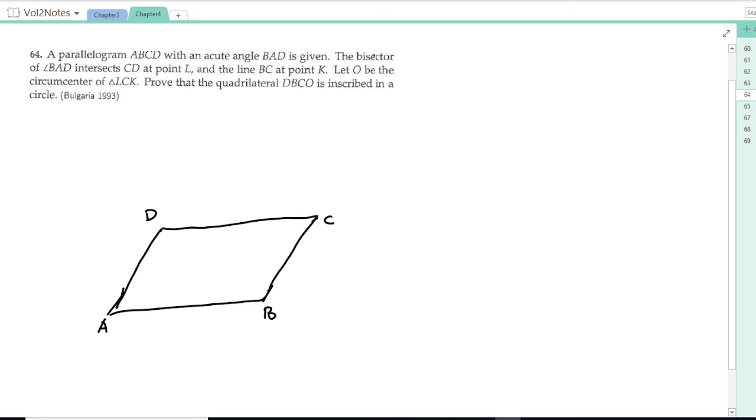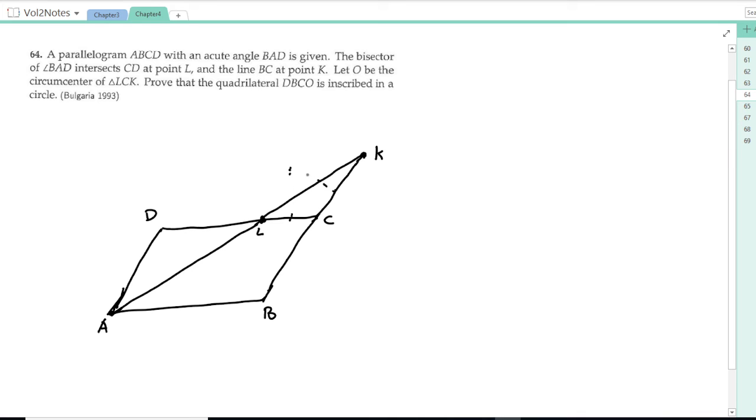We have the angle BAD given, and the angle bisector of BAD intersects CD at L, and the line BC, so this line extension, at K. Then let O be the circumcenter of LCK, so the perpendicular bisector, right?